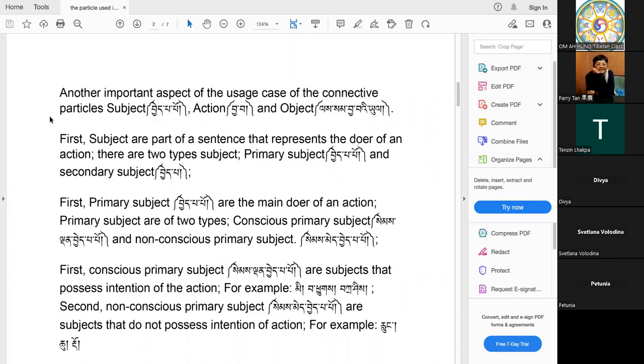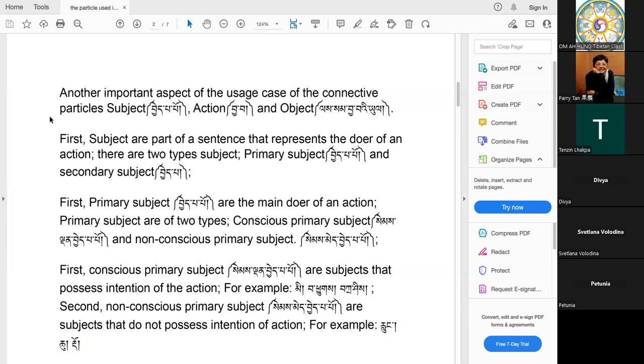Then we'll be left with a small portion of particles, the alternative particles, and then we have punctuations. That's it. We will introduce most of the punctuations, so please remember that. We will introduce most of the punctuations that you see.